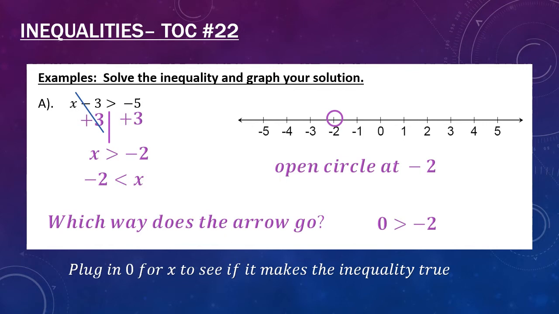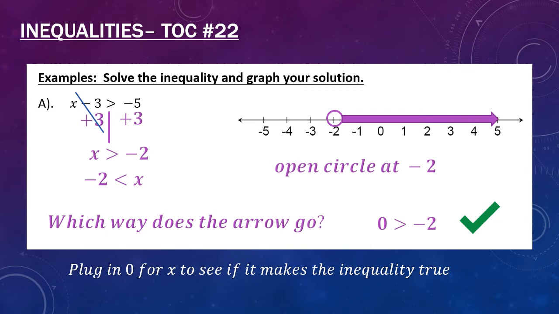Yeah, 0 is bigger than -2. So then guess what? That's the way your arrow goes. So then I know that because x is bigger than -2, my arrow goes to the right. That's just another way that you can tell which way your arrow goes without having to know greater, less, that kind of thing. Just another way to think through your inequalities.